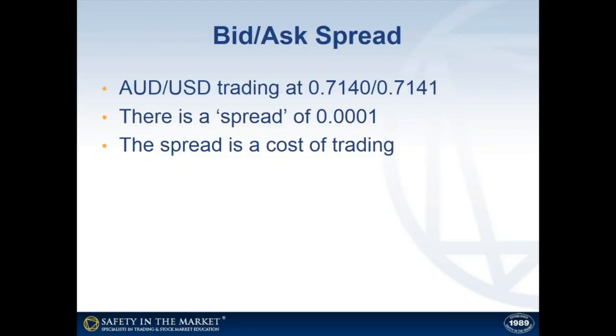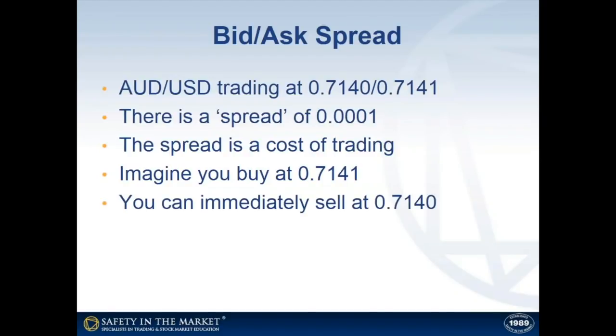No, the broker's actually taking a cut of that spread. So the spread will be a little bit wider, and that's how they're going to make their money. Okay, so again, imagine you jump into this market straight away and you buy at 71.41. Remember the worst price is where you're going to buy. You can immediately sell that position at 71.40, but you would lose 1 point in doing so.